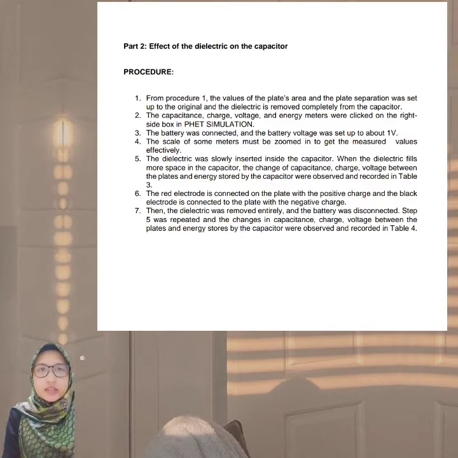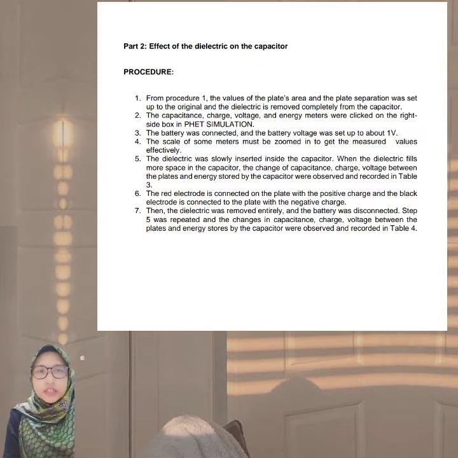Second, the capacitance, charge, voltage, and energy meters were clicked on the right sidebar in the PhET simulation. Third, the battery was connected and the battery voltage was set to 1 volt. Therefore, the scale of some meters must be zoomed in to get the measured values effectively.